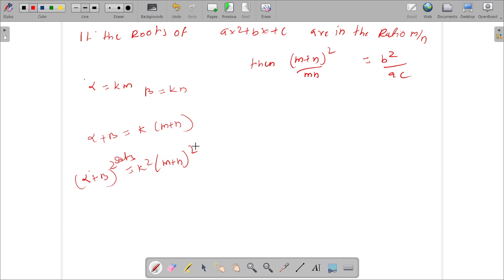Now alpha plus beta is nothing but sum of the roots, that equals minus b by a. So just substitute the values.